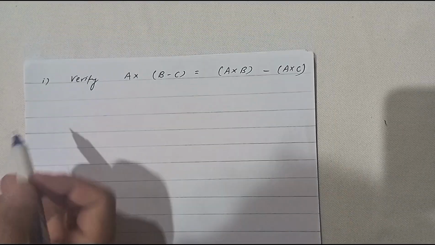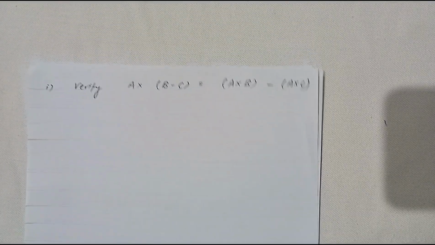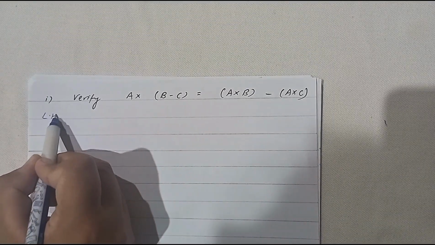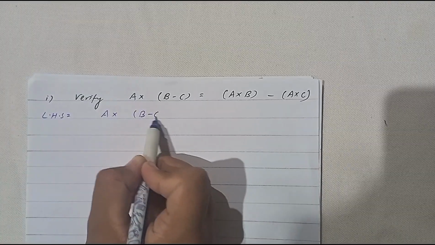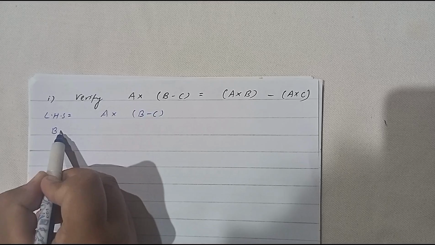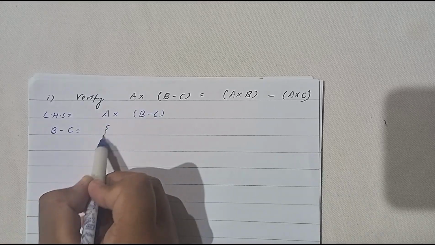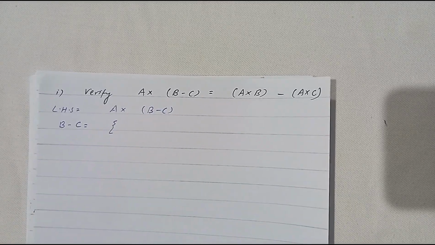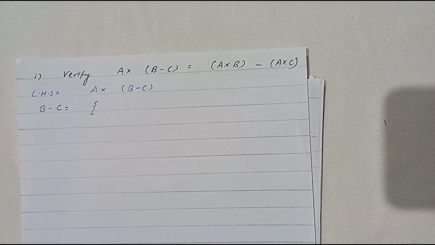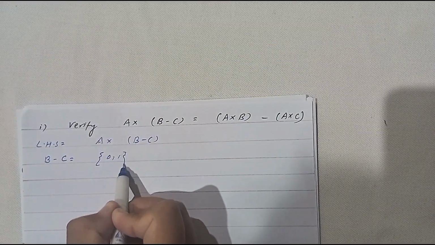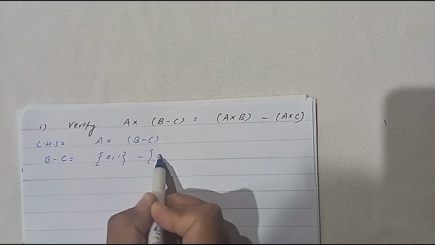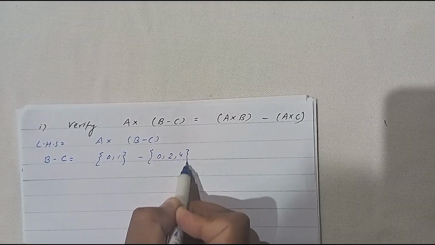So to verify it we first consider the left hand side, that equals A cross (B minus C). First we find B minus C. Write the elements of B, that are 0, 1, and the elements of C, that are 0, 2, 4.